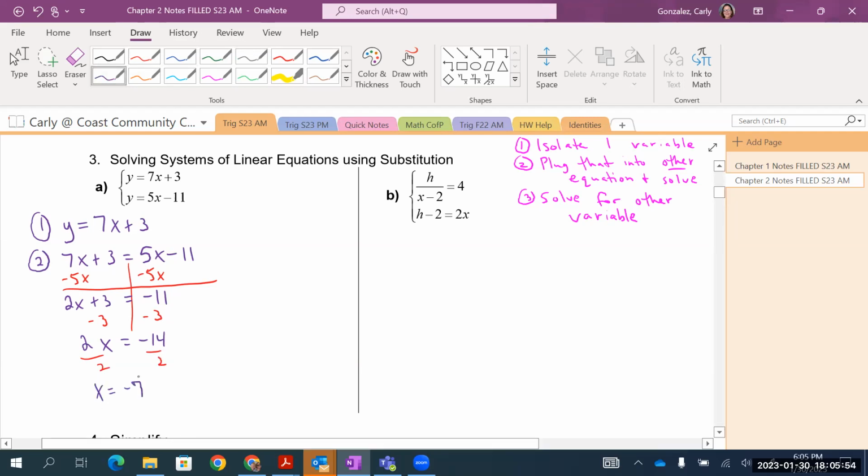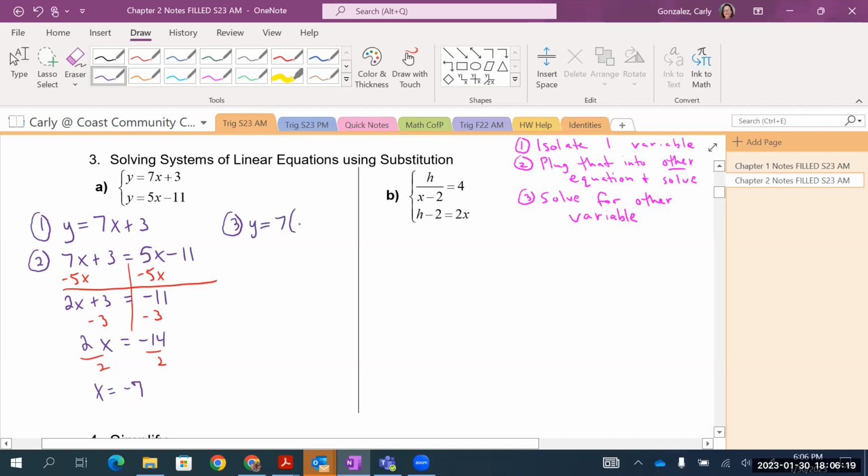Now, in some of the equations we've already solved, that would have been your final answer. However, in this situation, our original problem had an x and a y. So we now need to go ahead and solve for that other variable. And I can plug it into any equation that has both an x and a y. I'll go ahead and plug it into the first one.